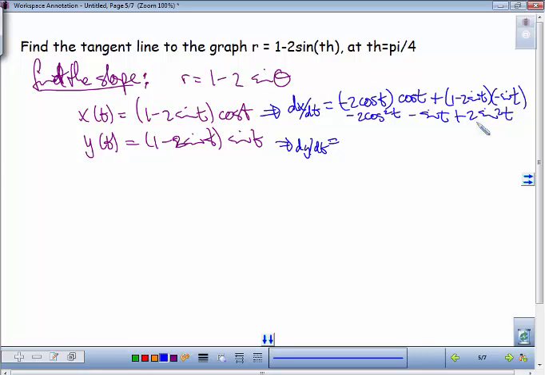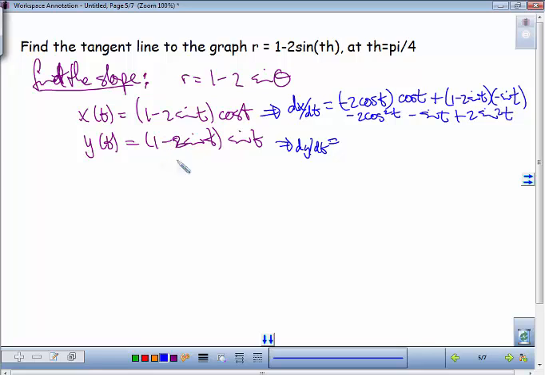We could do another trig identity thing where we could replace cosine squared with 1 minus sine squared or something, change everything to sines, but I'm not going to do that. I was hoping for a cosine squared and a sine squared with the same sign and the same coefficient, so I can make that into a 1, but it didn't happen for this one. So I'll leave it at that, and then let's do the second one.